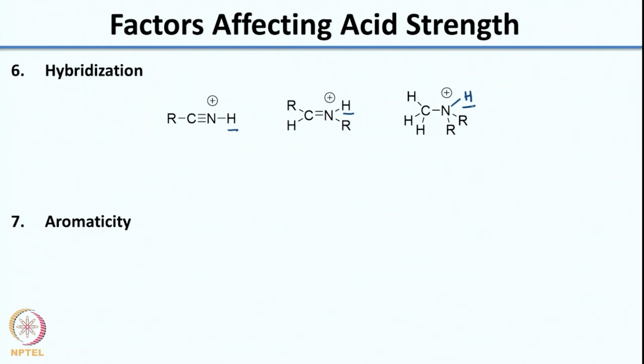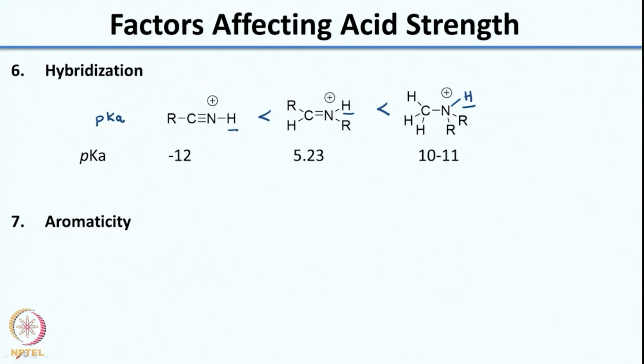Out of these, the most acidic is this species. So, if I were to compare the pKa, this is lower than the others, and these are the values. It is as low as -12. So, you have the pKa here as -12 compared to 5.23 to 10 to 11. And what is the major difference between these 3 species?